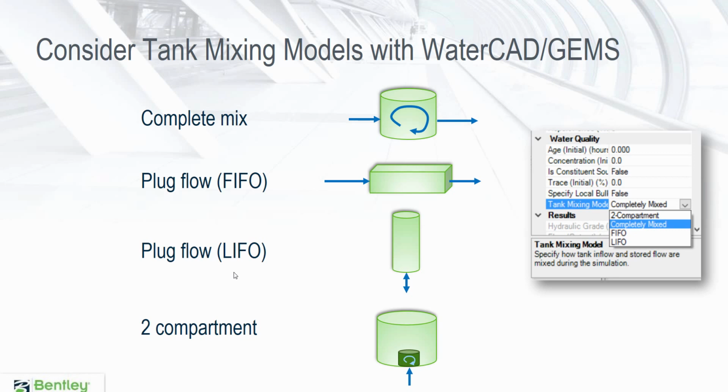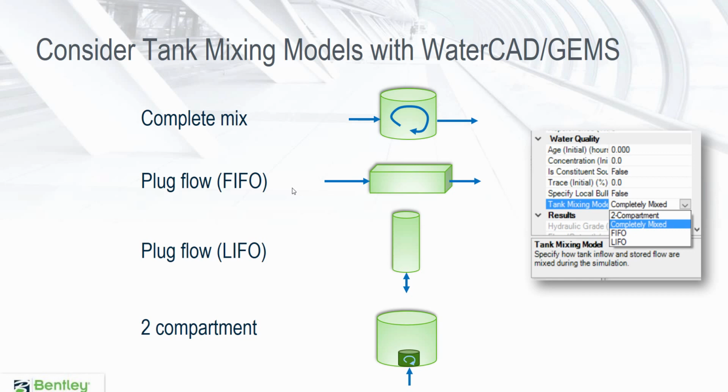Okay, then that would be a completely mixed tank. And that may do its purpose very well. However, if the tank is hydraulically locked out due to high pressure, you may have a really well mixed tank of old water. So sometimes completely mixed tanks in reality may not pan out because of some hydraulic condition in the system. So that's where you would use a hydraulic model like WaterCAD or WaterGEMS to help solve that too.